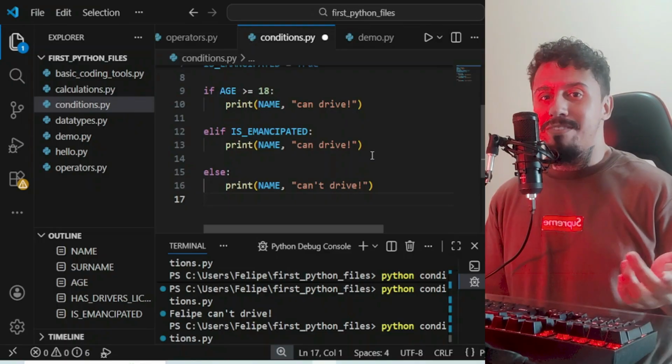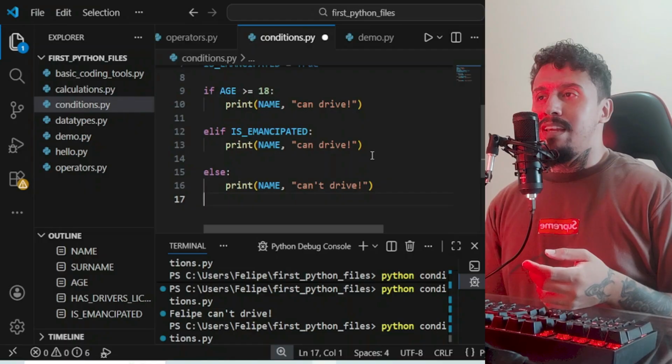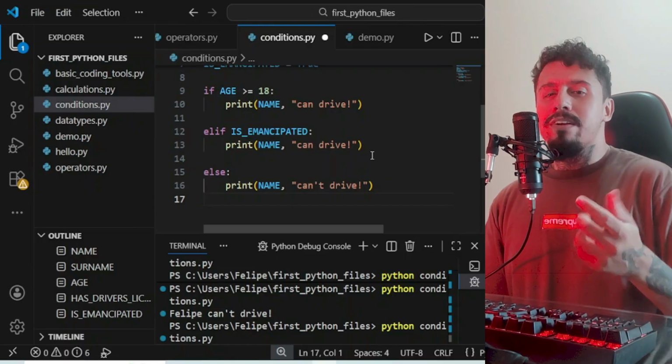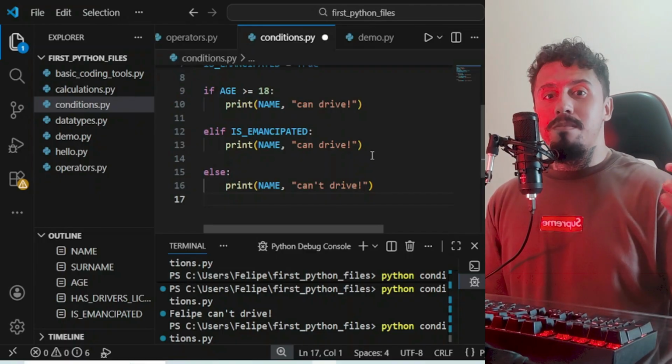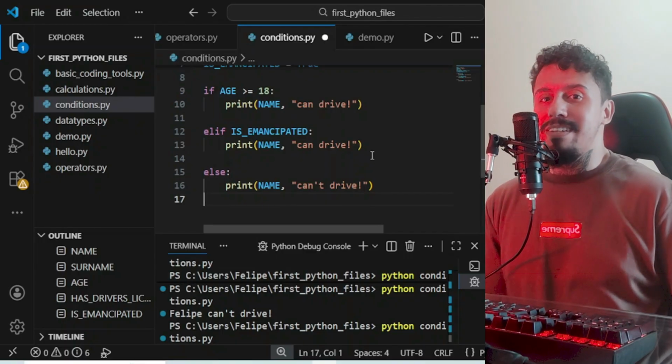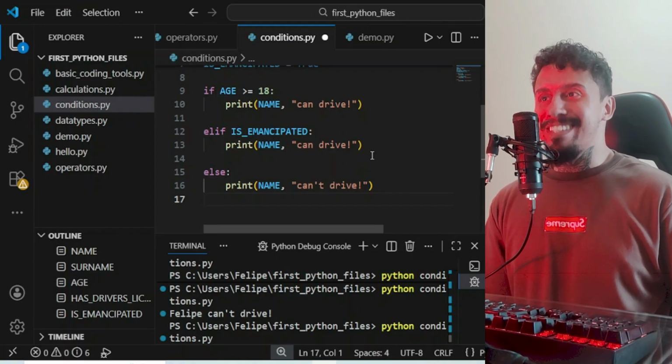This person cannot drive if this person matches the age requisite but not the most important requisite, that is having a freaking driver's license, you know.